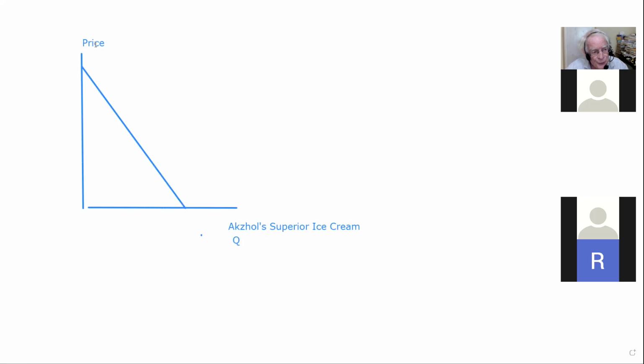So you remember that when we talk about elasticities, we found that this was the relative change in Q as compared to the relative change in price.